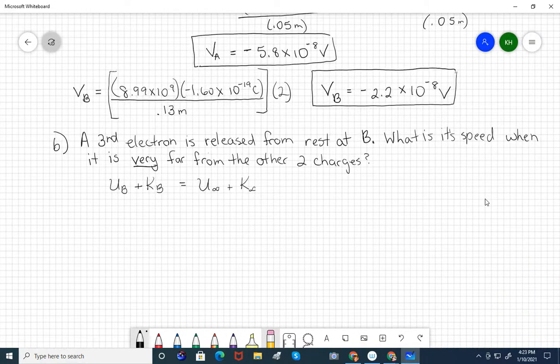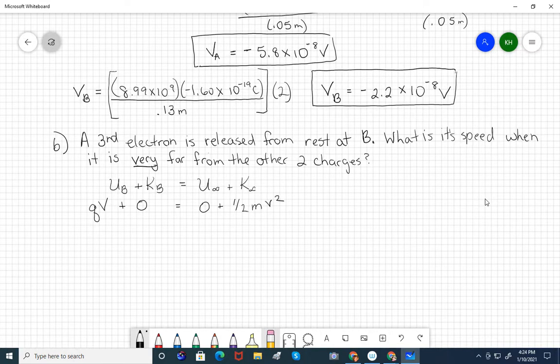Well, the potential energy that it has here is simply QV. It was released from rest, so it had zero kinetic energy. When it's very far away, its potential energy will be zero, so all of that will have been converted into kinetic energy, 1/2 mv squared.